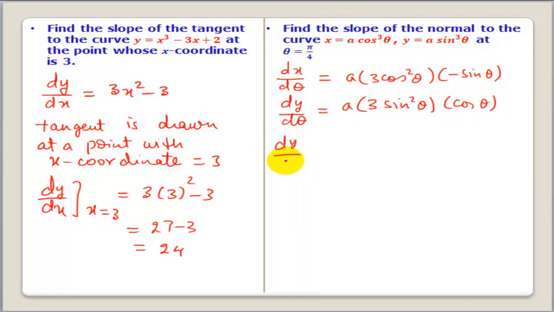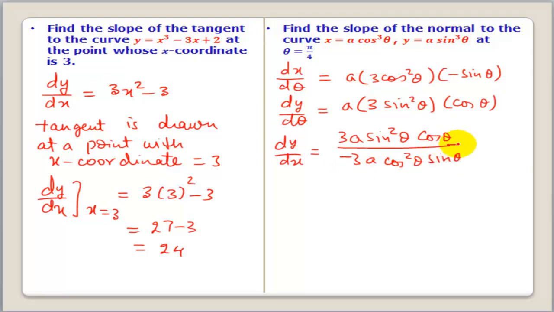Evaluating dy over dx, which represents the slope of the tangent, you can see most of the terms get cancelled out, and let us see what it reduces to. If we cancel out the common factors in the numerator and the denominator, you can see 3a gets eliminated, one of the sin theta and one of the cos theta, and finally we are left with minus tan theta.